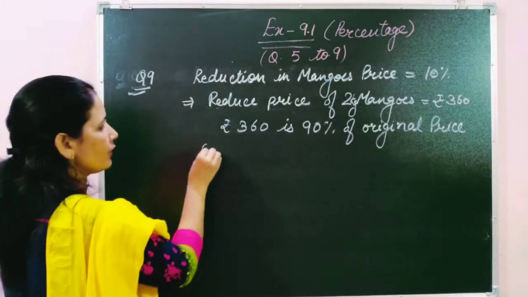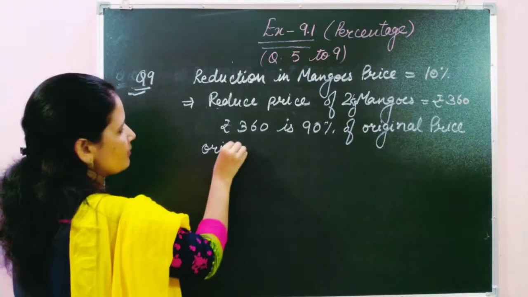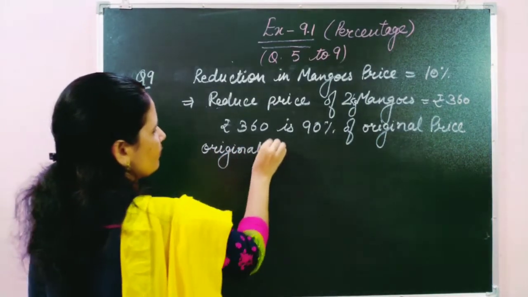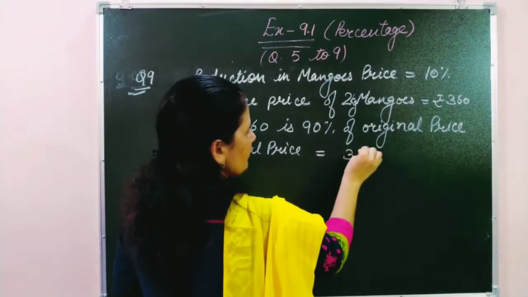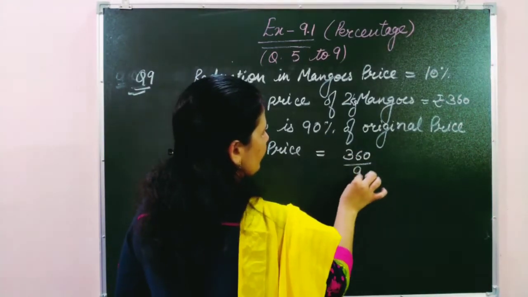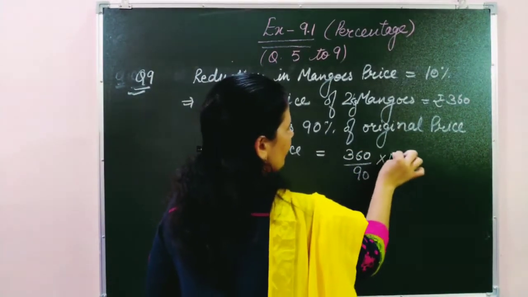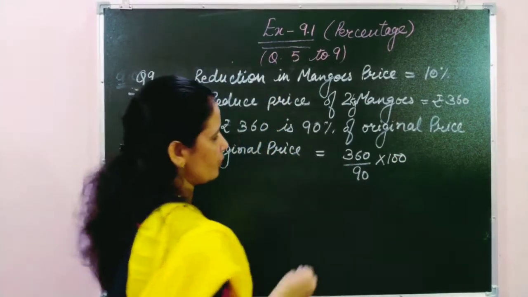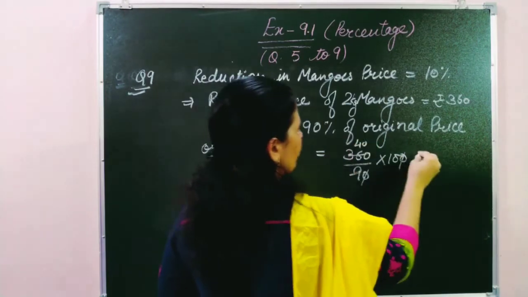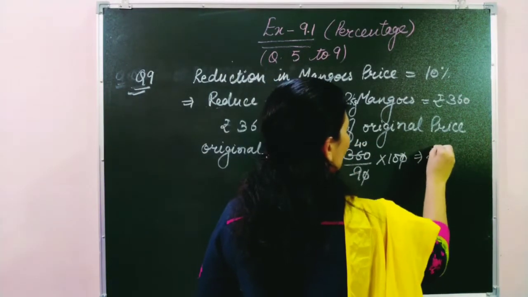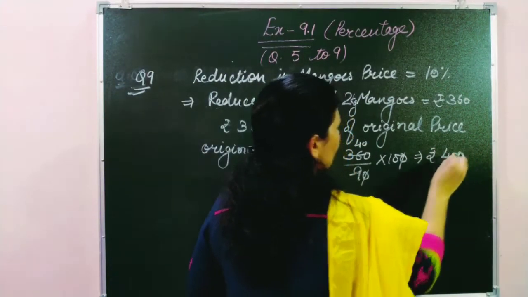So first of all, we find the original price, that means 360 divided by 90 multiply by 100. So if we solve this one, the original price for 2 kg mango is 400 rupees.